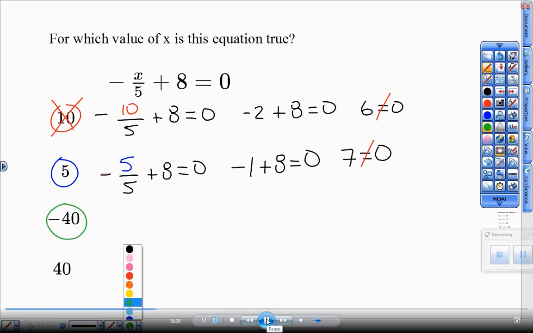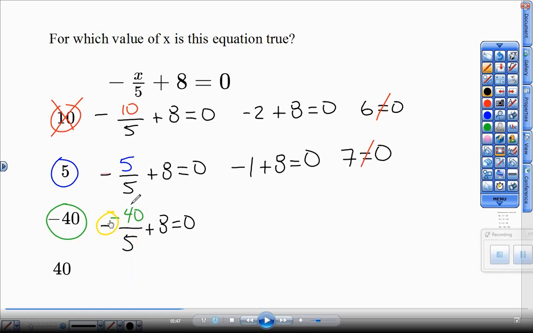Next one I plug in -40, a little bit more complicated. This one, again, know that that negative is still there. But what you're going to do is plug in a negative value right here. And if you plug a negative value into something already negative, that is a double negative. That -40 is going to turn into +40.